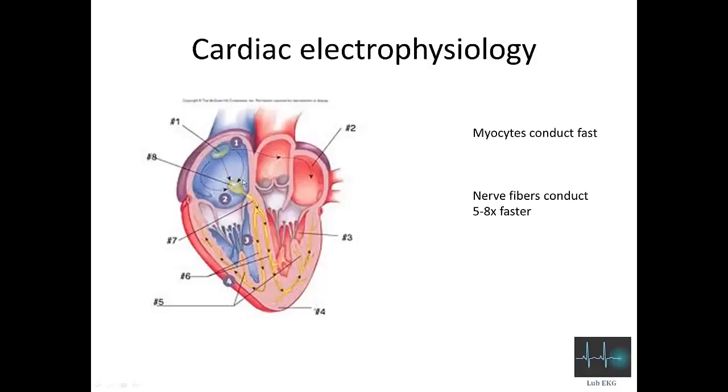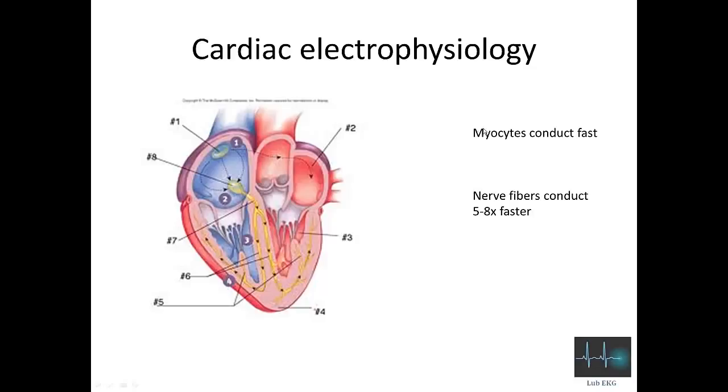They can all pacemake if they need to. This means that any myocyte in the heart can start to propagate an electrical signal which will propagate through the heart, causing the heart to contract.